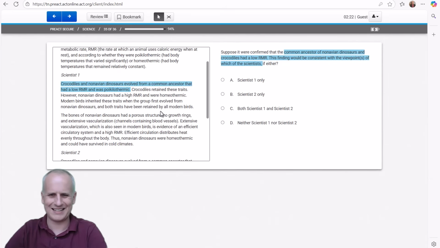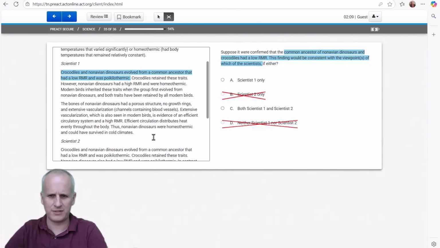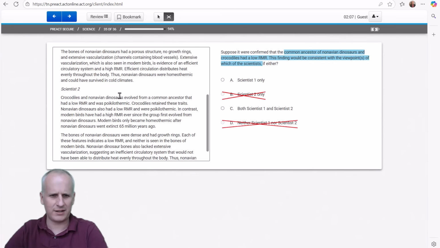So we're going to just highlight that sentence, and we see that it was a low RMR. Okay, so that's going to match scientist one, so we can eliminate choice B and choice D because we've got a common ancestor with a low RMR. So now we've just got to consider scientist two. It says crocodiles and non-avian dinosaurs evolved from a common ancestor that had a low RMR. So again, this is consistent with scientist two.